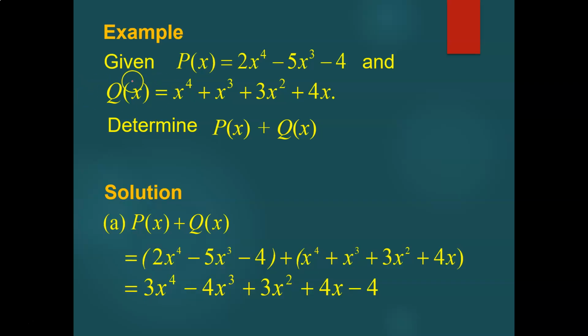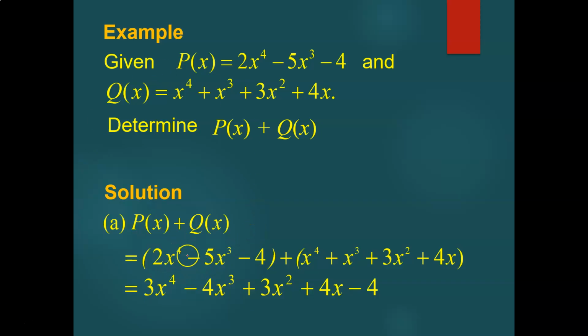And the second polynomial, which is denoted by qx, equals x to the power 4 plus and so on. Okay, so now you have to perform addition. You kena tambah these two polynomials, px plus qx. What happens is that you have to kumpulkan all the similar terms. Apa maksud similar terms? Okay, you refer here.